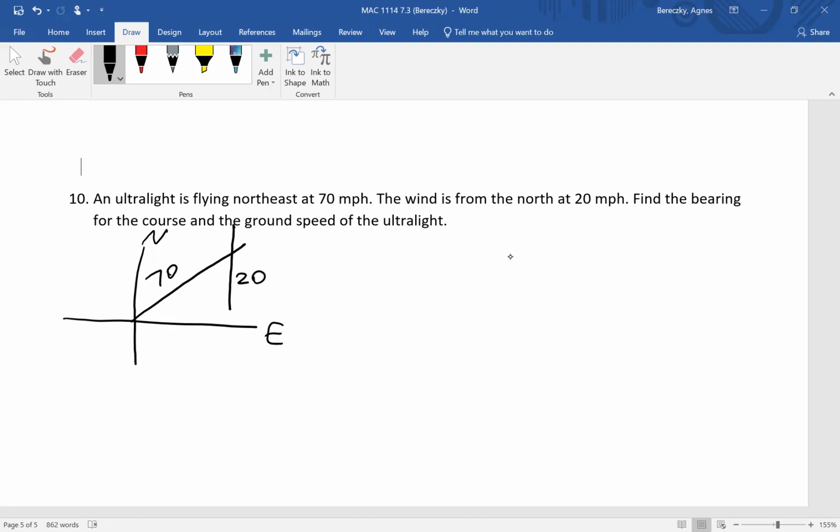So we'll have, here's my triangle. Northeast means this angle is 45. So this angle will also be 45.